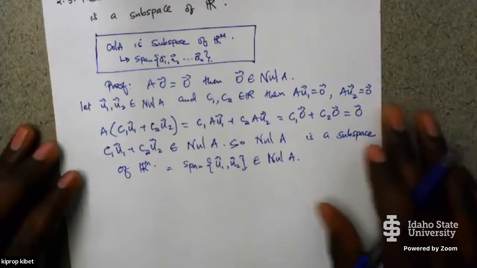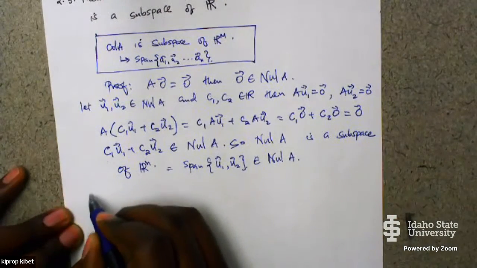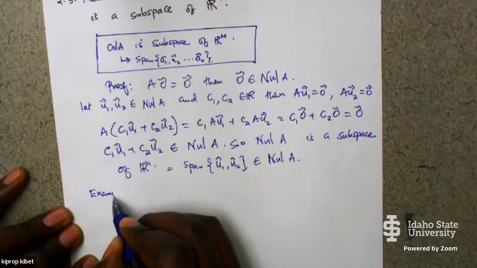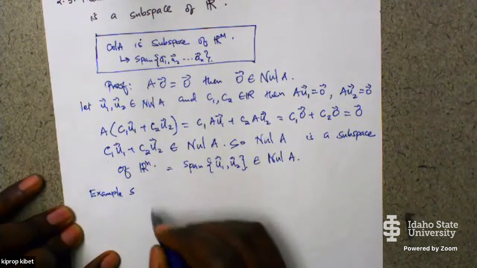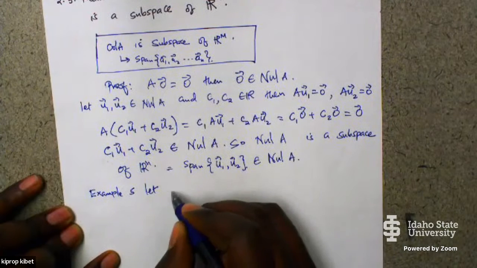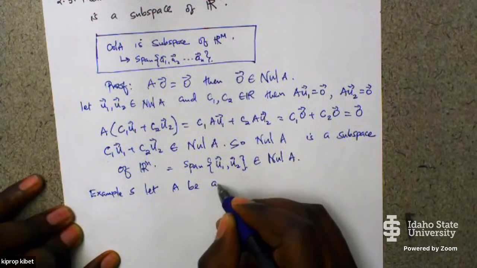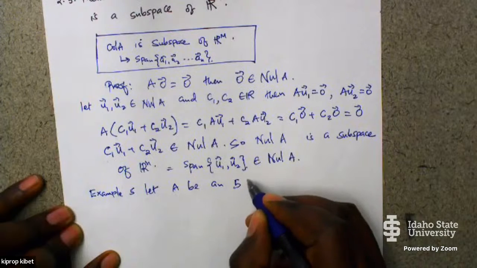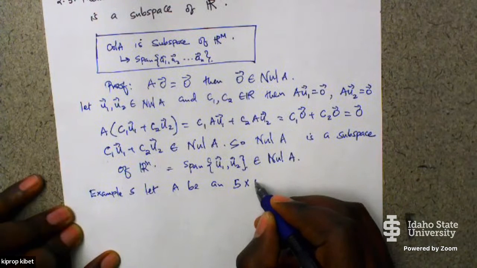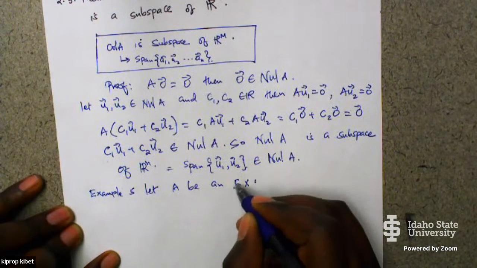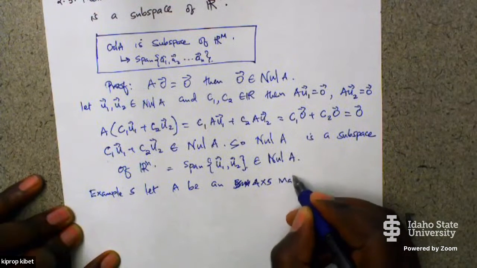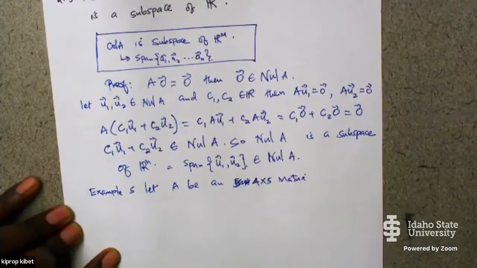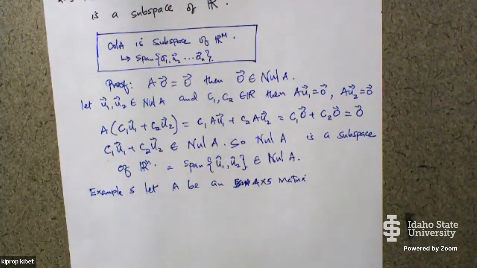Okay, now let's look at another example, example number 5. Let A be a 4 by 5 matrix.